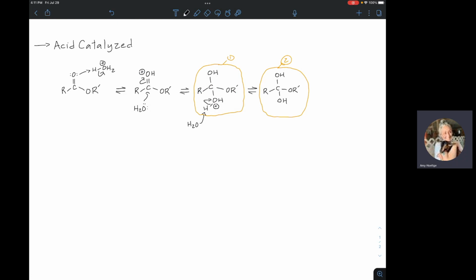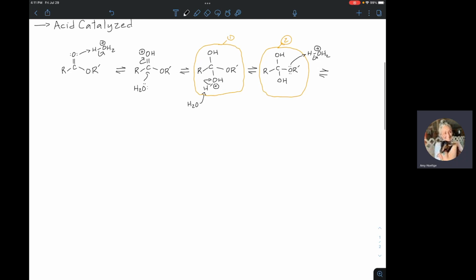So our neutral tetrahedral intermediate can then be protonated. And this will come from some more of that acid, or the hydronium ion, in other words. And you get a third tetrahedral intermediate, which is also protonated.